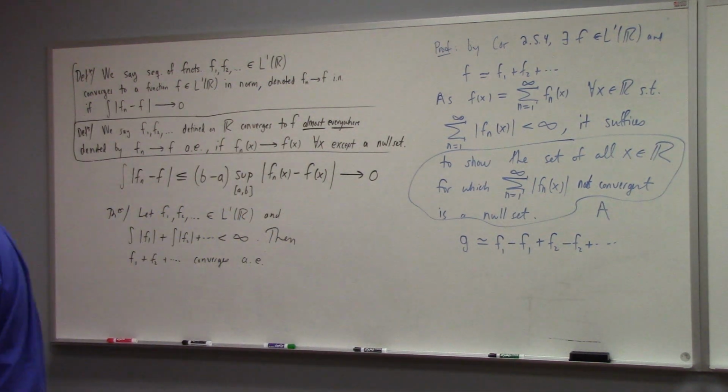I need to step away from this for a second and look at what I have to work with. So I'm assuming F1 and so forth are Lebesgue integrable. I'm assuming that the integral of the absolute values is less than infinity. All right. Since these are Lebesgue integrable, there exists a limit function to which they form a representation. That's Corollary 2.54. Great.